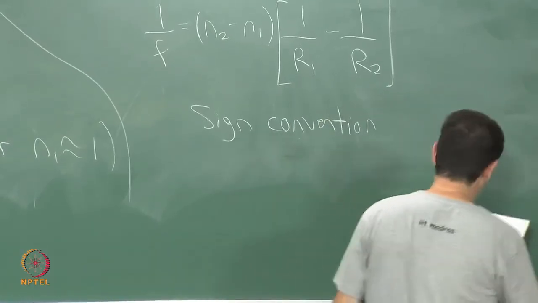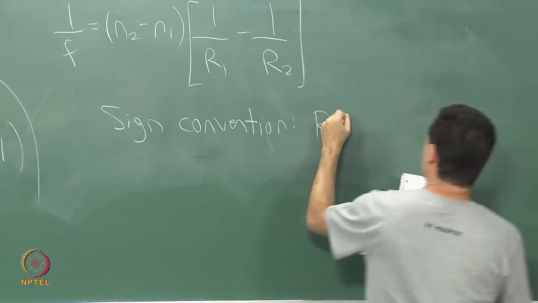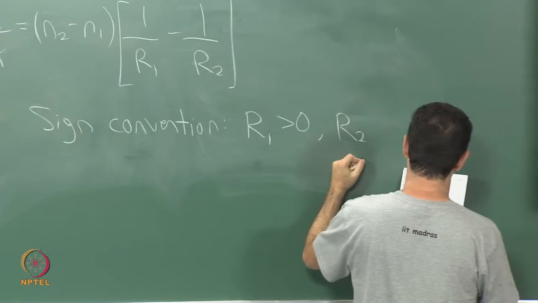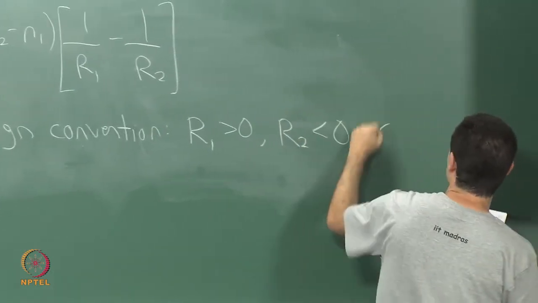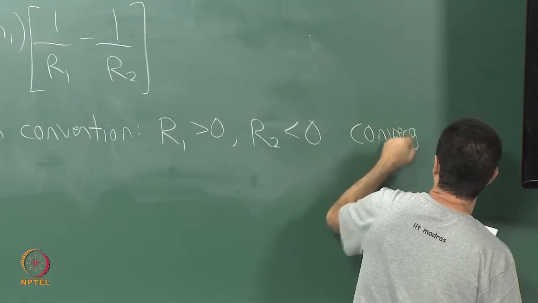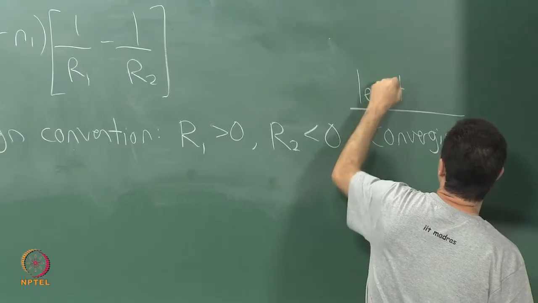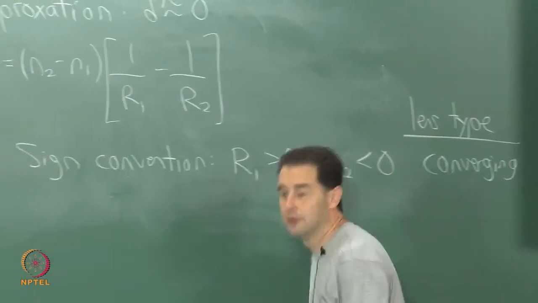We have a sign convention which is that R1 is greater than 0 and R2 is less than 0. So this is for a converging lens. That's the only kind I've shown you so far.